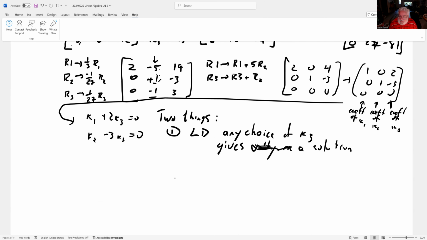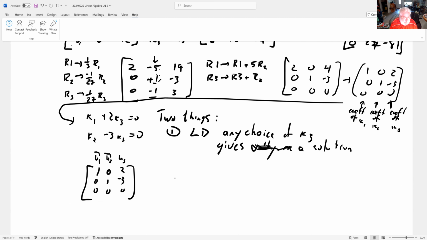And the second is if we look at, we'll call this U1, U2, U3 is those vectors. What we're getting is that 2U1 minus 3U2 equals U3.